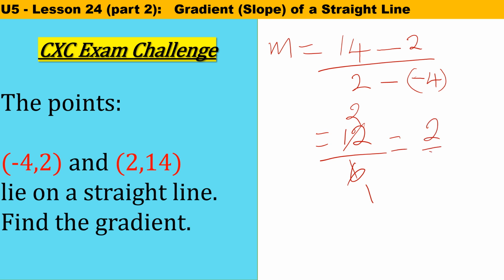So we have 2 over 1, which is equal to 2. Therefore, m equal 2. Confused with the operation? Let me know and I will do a lesson on that one for you.